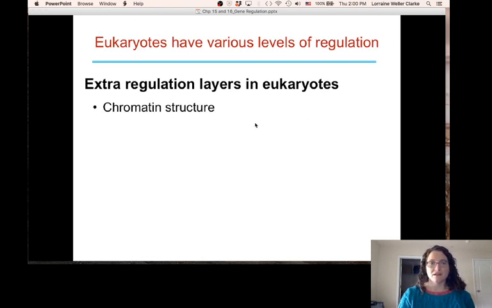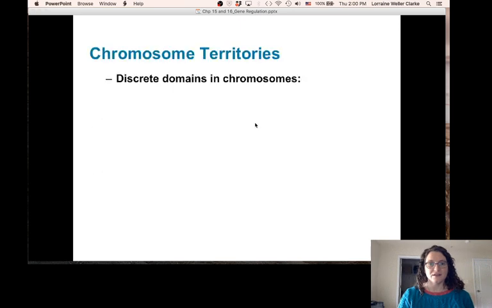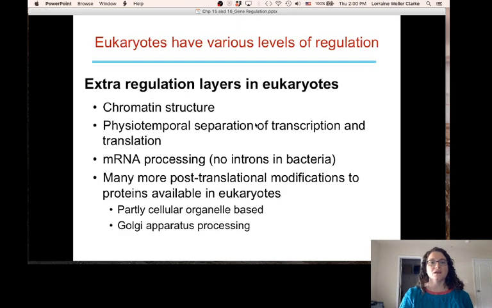All right. We talked about these various things. So eukaryotes have extra regulation layers as part of their having chromatin and chromosomes, separating transcription, translation, processing mRNA, and many more post-translational modifications to proteins available in eukaryotes.